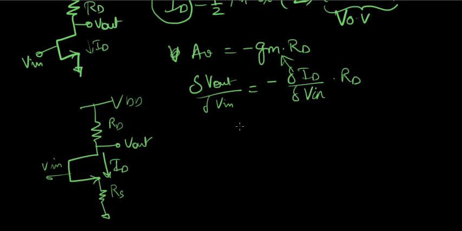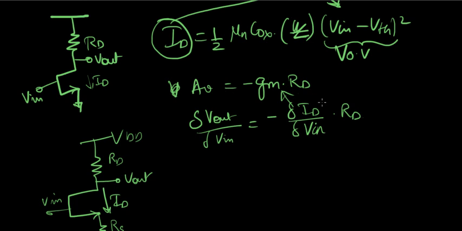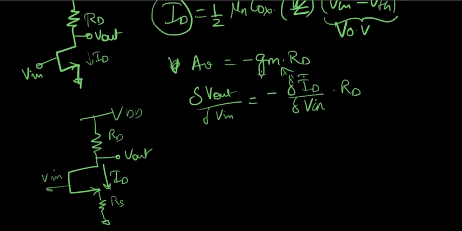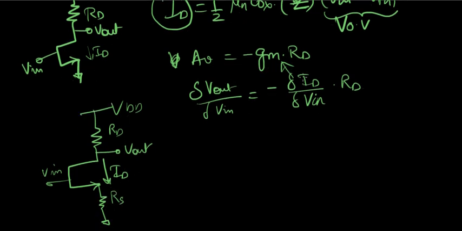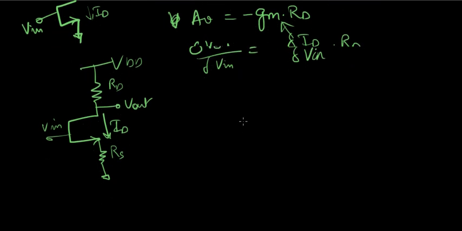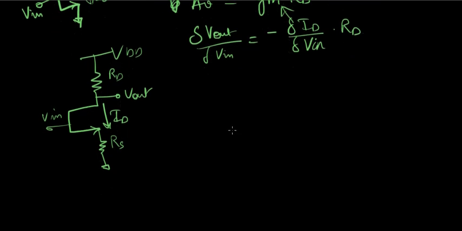It should not depend on GM as much as it is depending now, because GM is effectively what is producing this nonlinearity. And if we make it not a very strong function of GM, if we make it weak, we could definitely achieve some linearity. And we will see how we can do that. That's a pretty brilliant idea, actually.